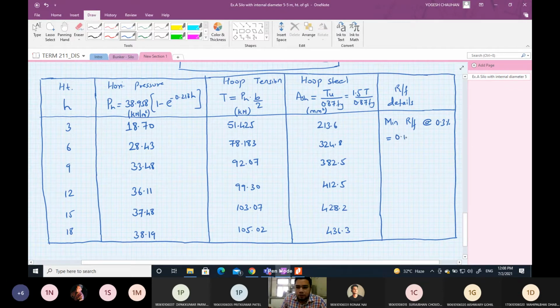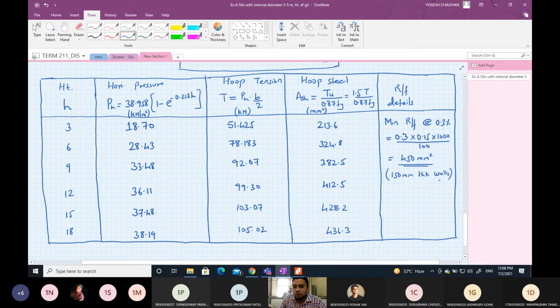Let us assume 150 mm thick wall thickness. So the minimum steel is 450, which is greater than all these values. So this will be the governing load case. Here we have assumed 150 mm thick walls.